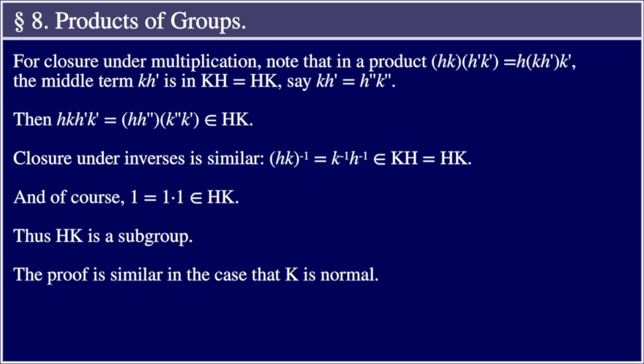Closure under inverses is similar. The quantity (hk) inverse is equal to k inverse h inverse, which is a member of KH equal HK. And of course, 1 equals 1 times 1 is a member of HK. Thus HK is a subgroup. The proof is similar in the case that K is normal.